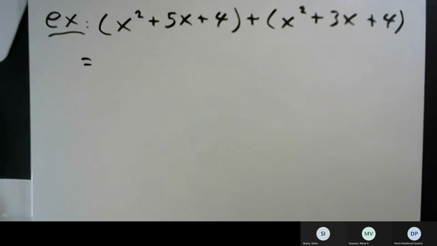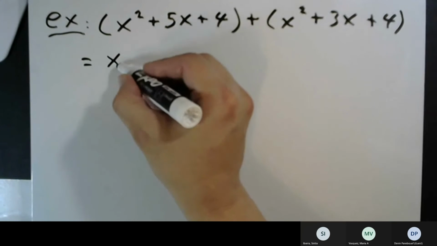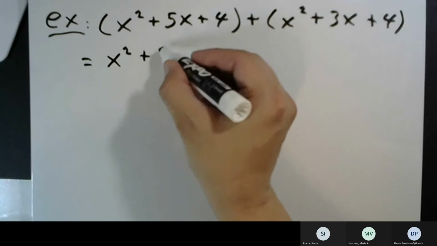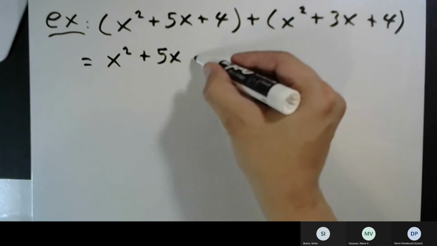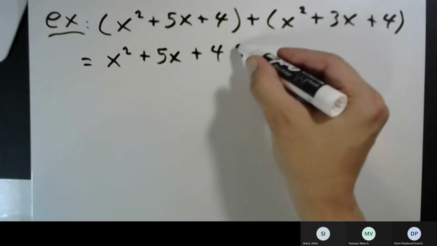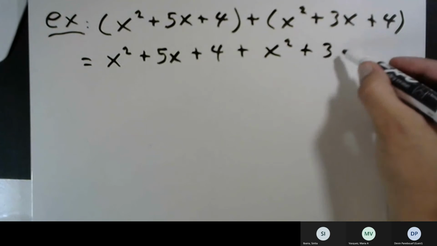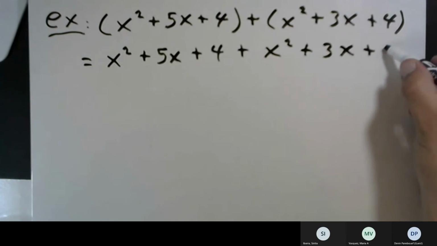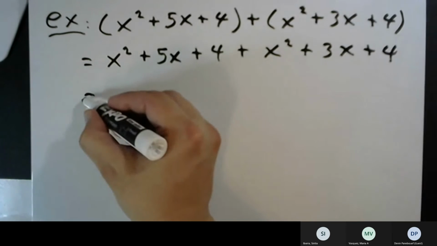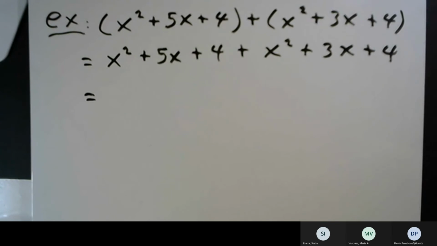Now, since there's nothing outside the parentheses multiplying, we can drop the parentheses. And so we're going to combine like terms.